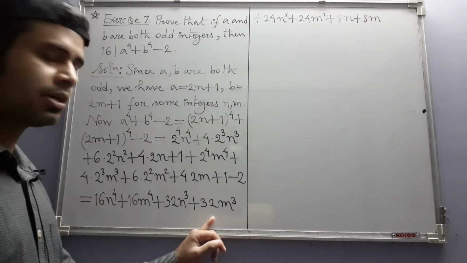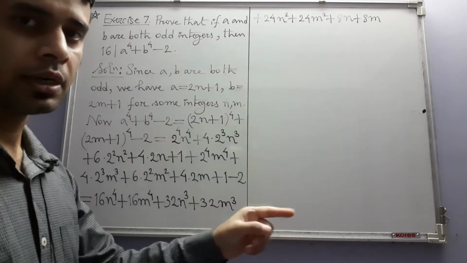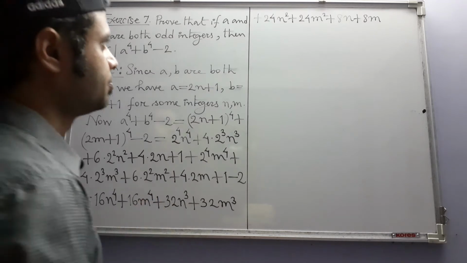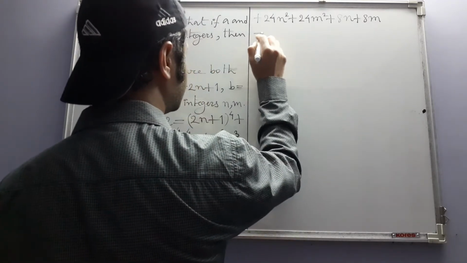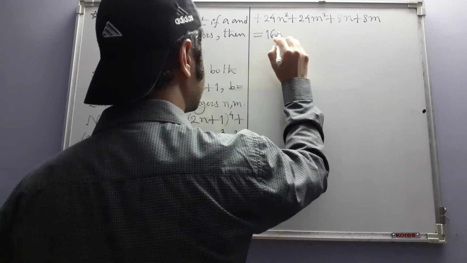These are divisible by 16. Whether the remaining terms are divisible by 16 or not is not immediately apparent. We have to do something here for these other terms.